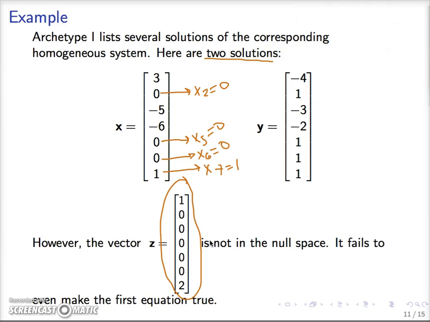This vector z is not a member of the null space of the matrix of coefficients of that homogeneous system.